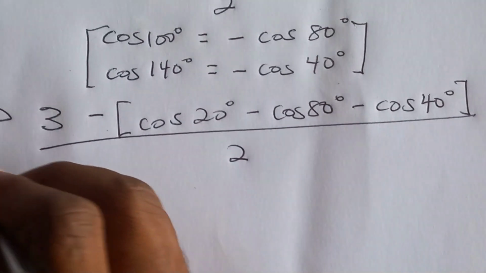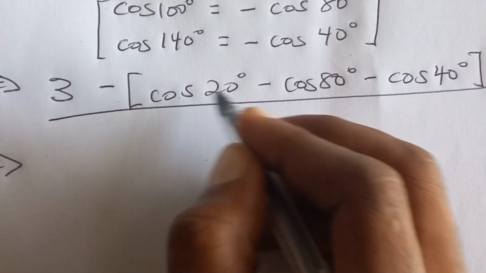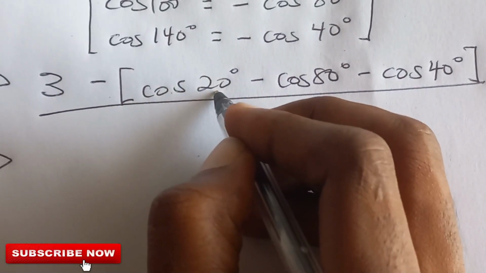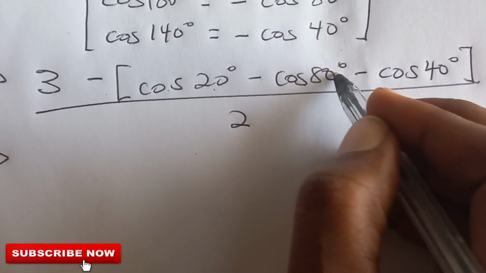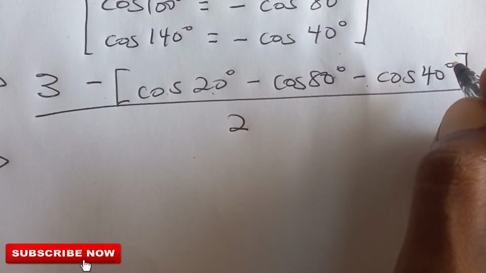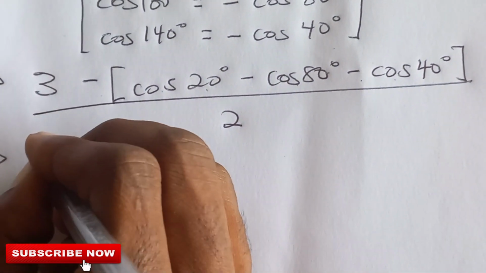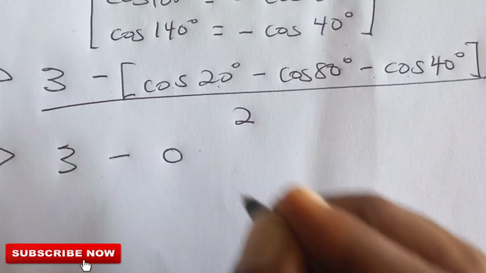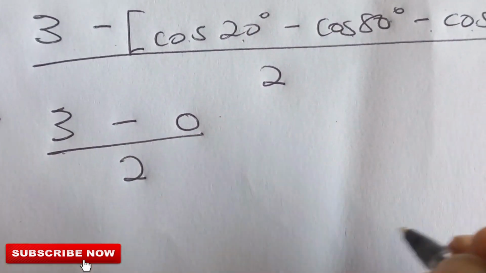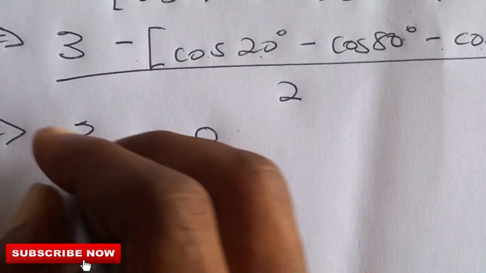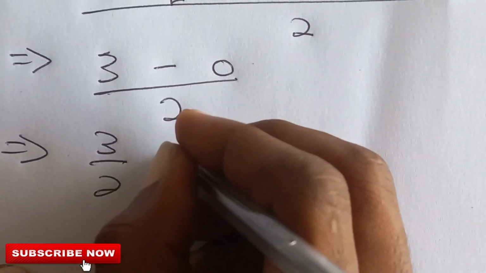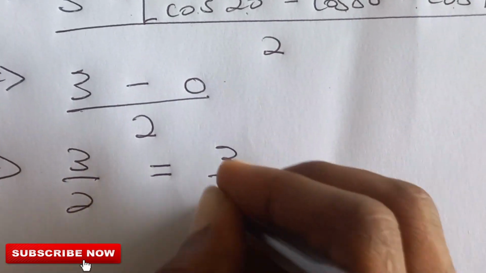And this cos 20 degrees minus cos 80 degrees minus cos 40 degrees sums up to 0. So you can say that 3 minus 0, all over 2. So this one will give us 3 on 2, which is equal to 3 on 2.